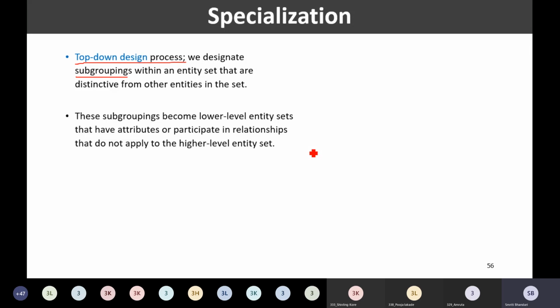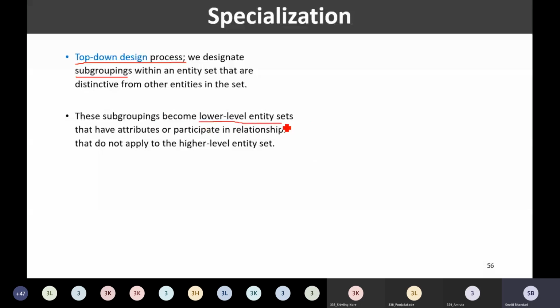So specialization is the top-down design process wherein we are having some main entity sets, and under those main entity sets we may have some subgroups of the entity sets, and these subgroups are formed by making use of some specific characteristics of those entities, right?